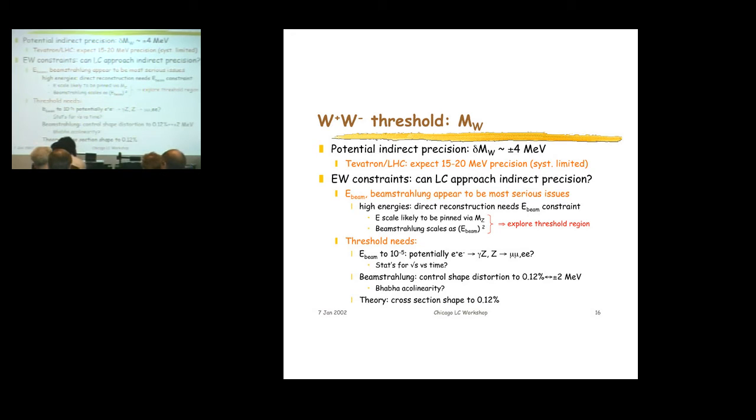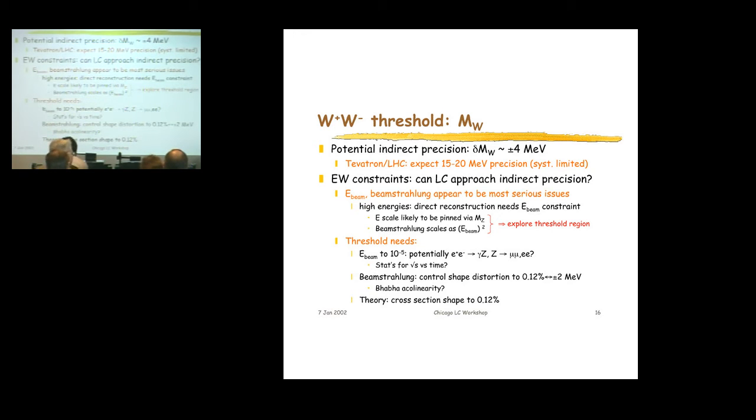Finally, a fair amount of work also has to be done in theory, getting the cross-section shape, again, down to 0.12% so that you're not really blowing yourself out of the water with the theory uncertainty.